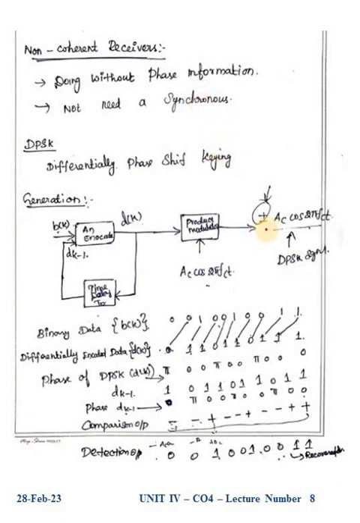Then it goes to the summer block, from which we produce the DPSK signal, which may be plus or minus Ac cos 2 pi fc t. So without knowledge of phase details, we can generate the phase component of the DPSK signal. That is the basic principle.